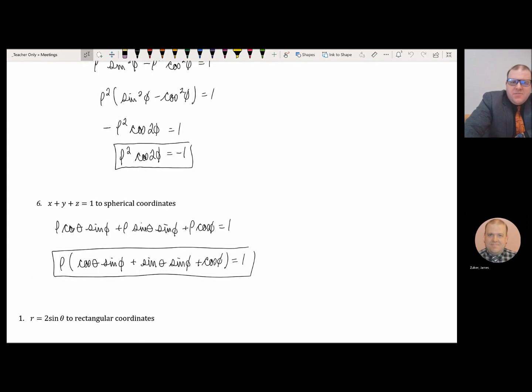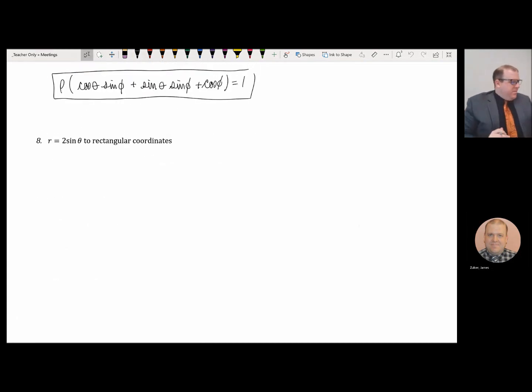This should actually be number 7. Because I don't know how to count. r equal to 2 sine theta. Want this in rectangular. Right, well, we know that r is the square root of x squared plus y squared, right?